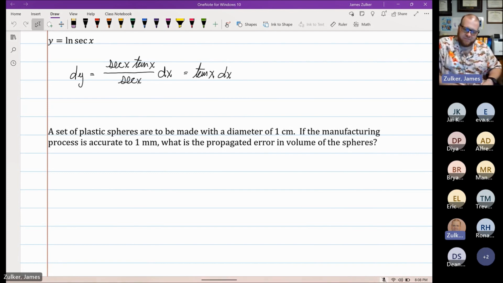A set of plastic spheres are to be made with a diameter of 1 centimeter. If the manufacturing process is accurate to 1 millimeter, what is the propagated error in volume of the spheres? All right, first off, what is the volume of a sphere?